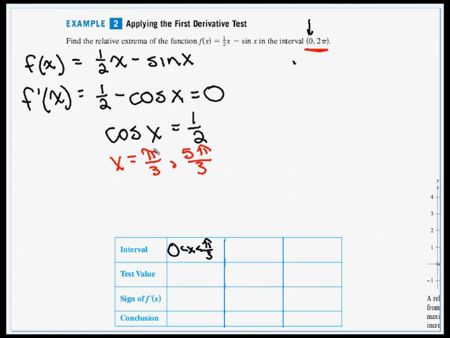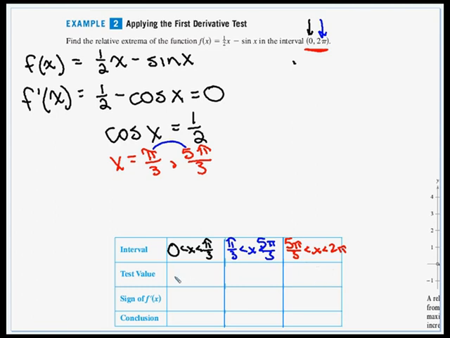Our next interval goes between the critical numbers, from 1/3 pi to 5/3 pi. And then finally, we're going to go from our second critical number to the right endpoint, from 5/3 pi to 2 pi. So 5/3 pi to 2 pi is our last piece of the interval there.